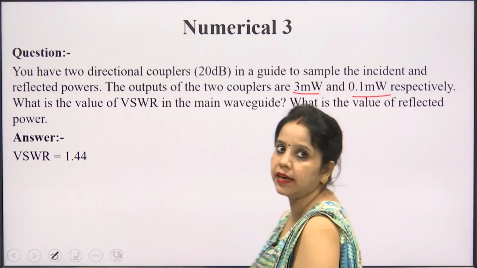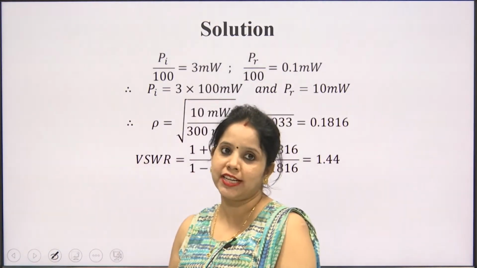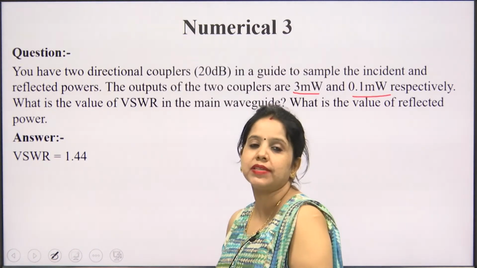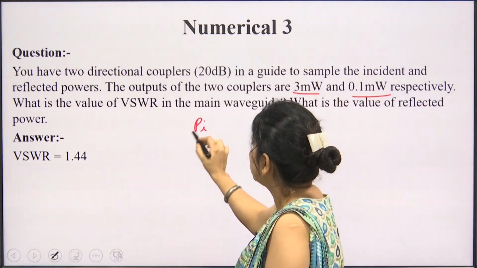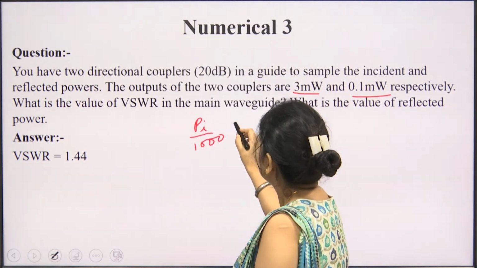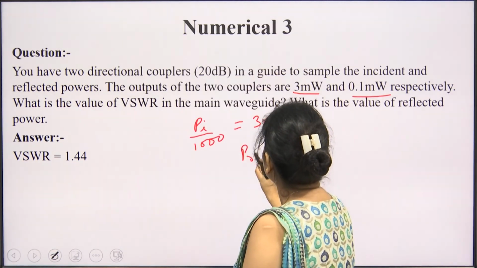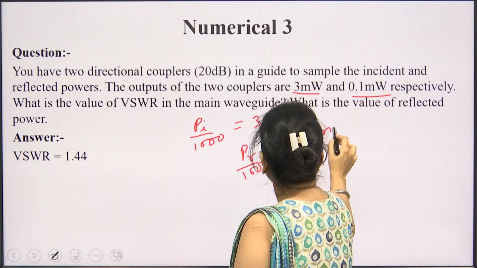So, just the reverse of the question which we have already done. What is available with this? It is saying the output of the two couplers. So, output of the two couplers is basically what? Pi upon 100 is equal to 3 milliwatt and PR upon 100 is equal to 0.1 milliwatt.